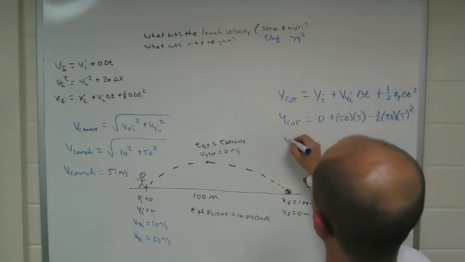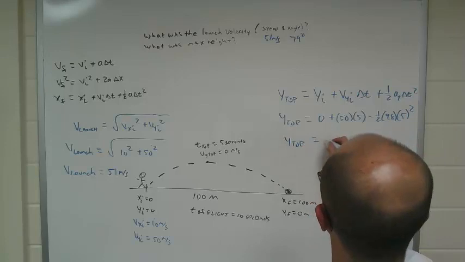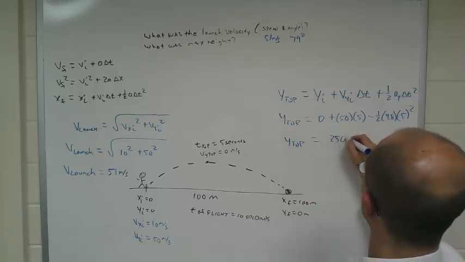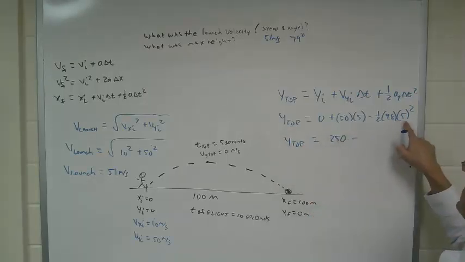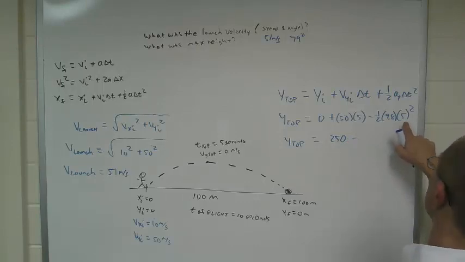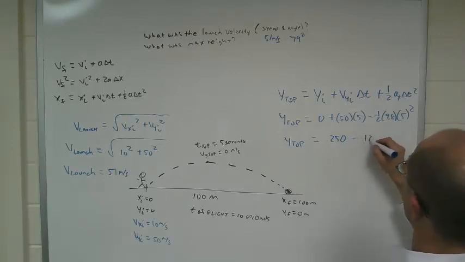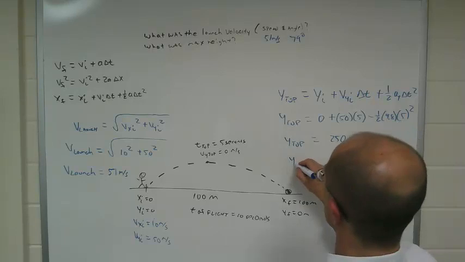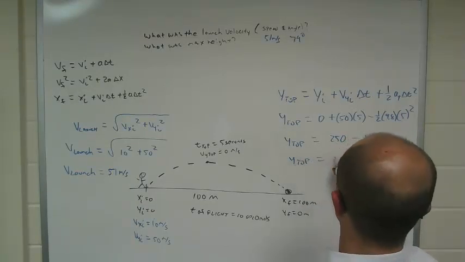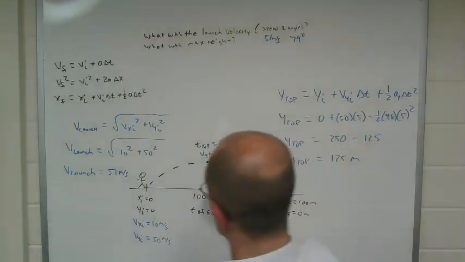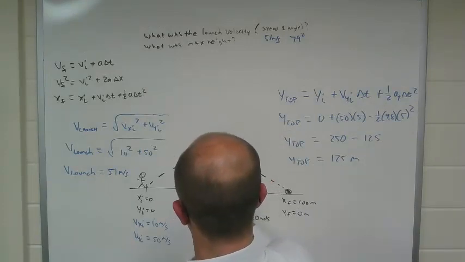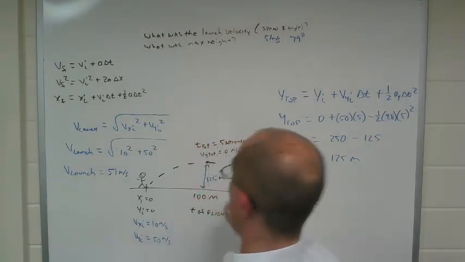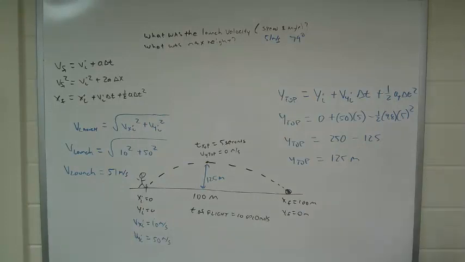We have 250 minus 125, and y at the top is 125 meters. This actually goes up a distance of 125 meters in the air before it comes back down.